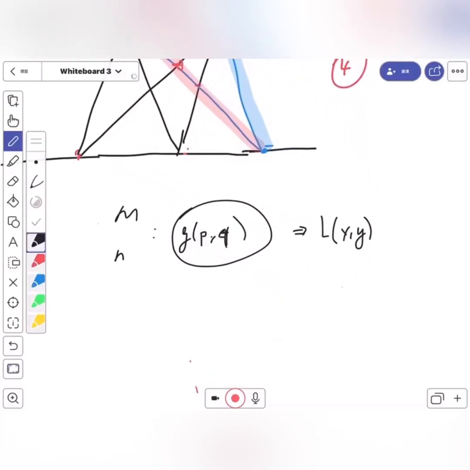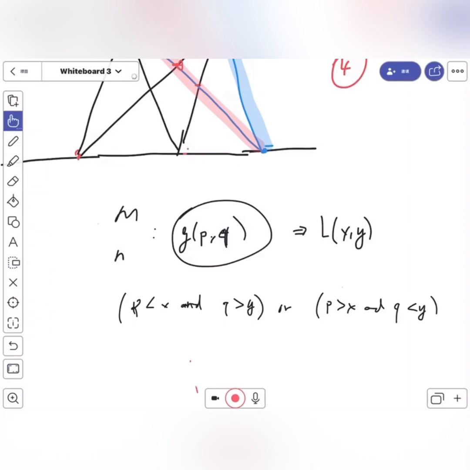The first condition is that P is less than X and Q is greater than Y, or P is greater than X and Q is less than Y. So you must have one of the conditions satisfied, right?